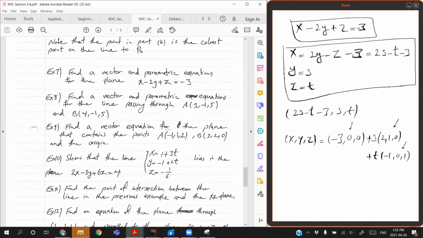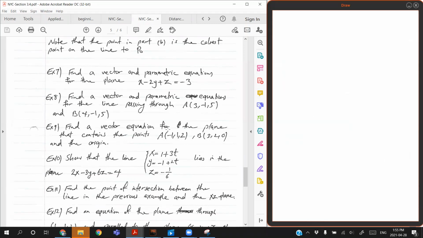Next problem. Find a vector and parametric equations for the line that passes through these 2 points. So if you have 2 points, point A and point B, and you want to find the equation of the line that passes through A and B, you can use a vector equation.